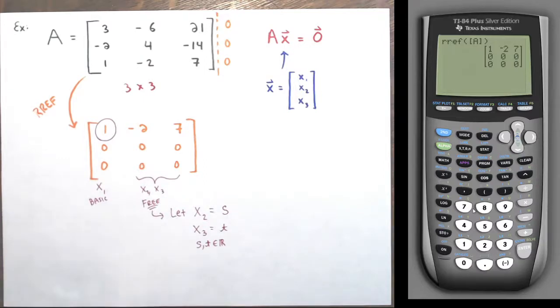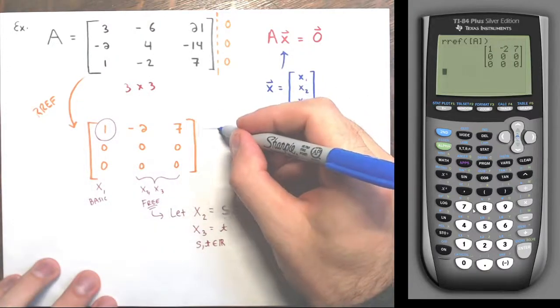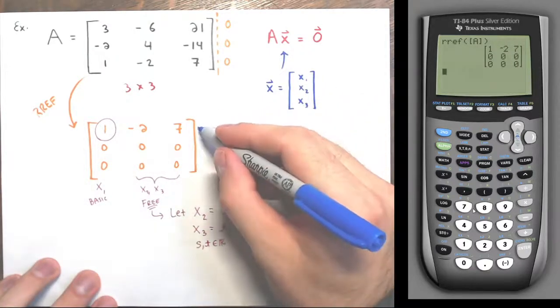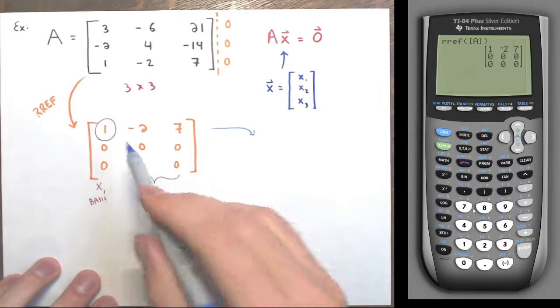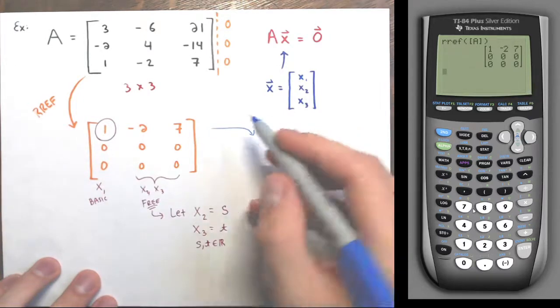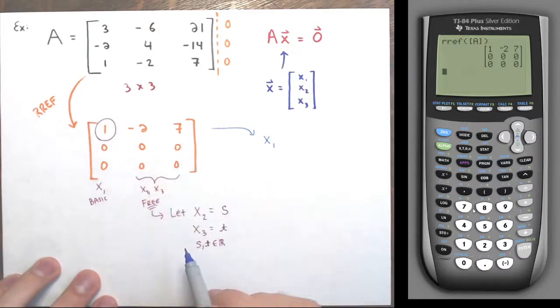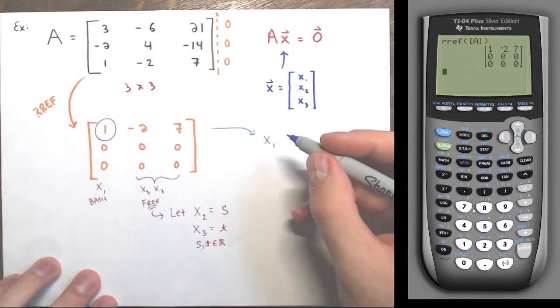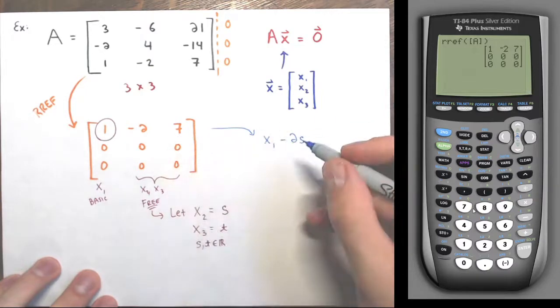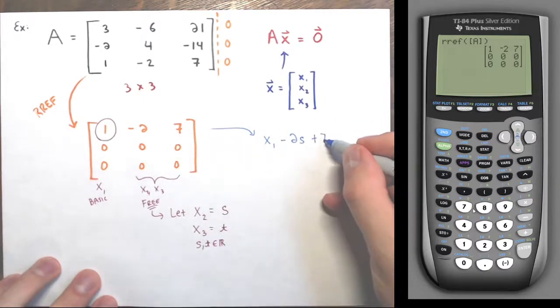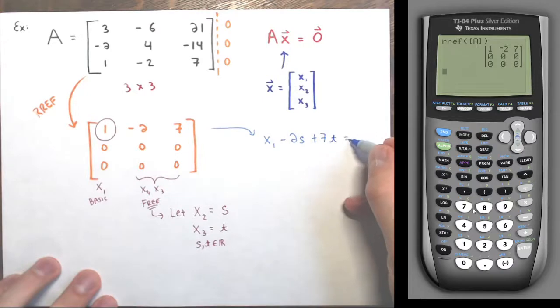And then from the first row, again, remember, there's an equal 0 here. I just didn't write it. We have x1 minus 2x2, so minus 2s, and then plus 7x3, so plus 7t is equal to 0.